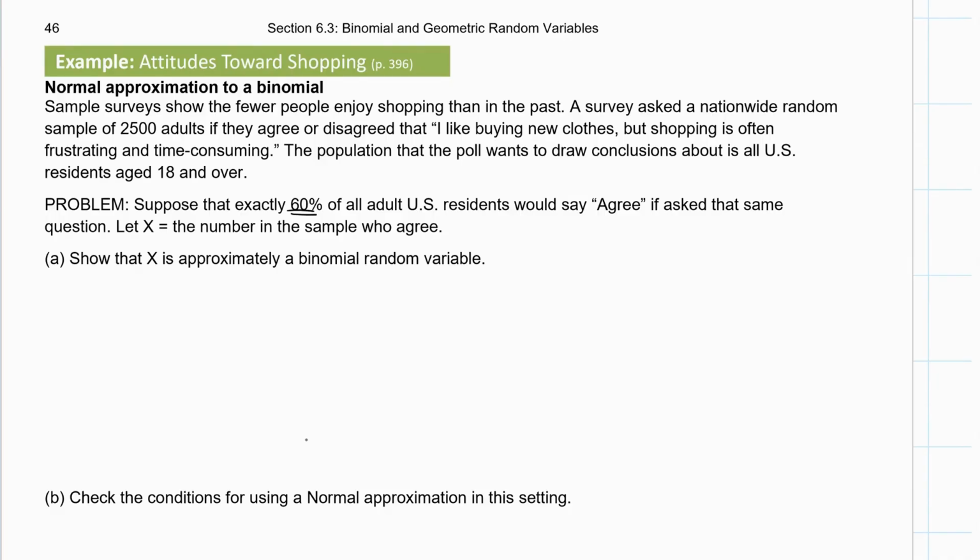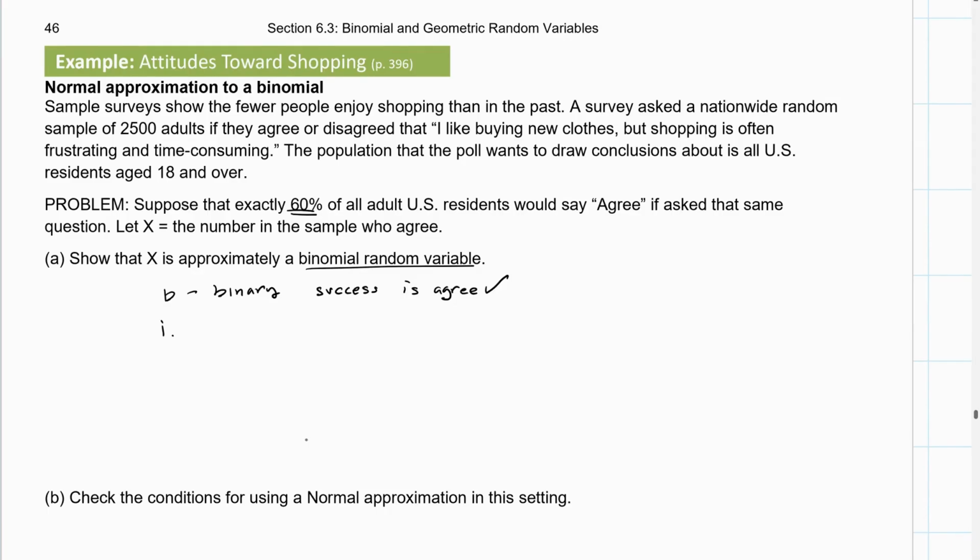Is X approximately binomial? Well, let's see. Binary: yeah, I think success is agreeing, and either someone agrees or they don't agree. So we meet that criteria. Independent: well, I think we're independent enough, because we're sampling without replacement.